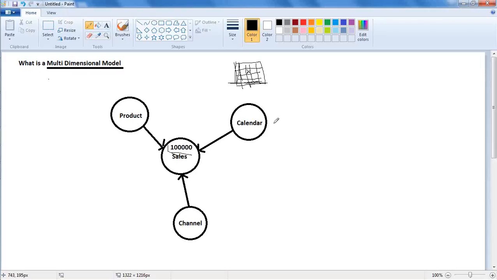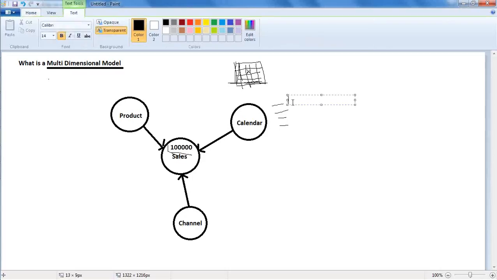My calendar is having what? My calendar is having a month. Say my calendar is having a year, quarter, month, week. We have something like that, right?